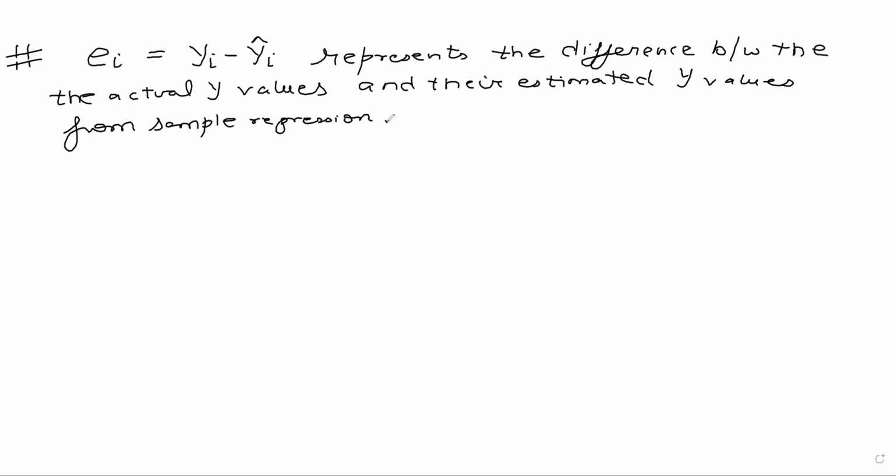Remember guys, ui we get from population regression, ei we get from the sample regression. It is the difference between the actual yi minus the estimated yi hat, which we get from the sample regression. So hoping that students have understood this and have no doubts.